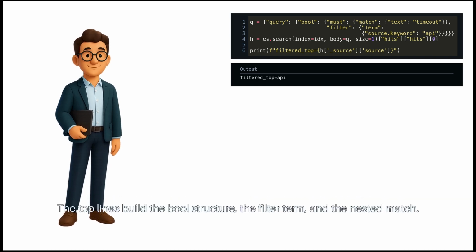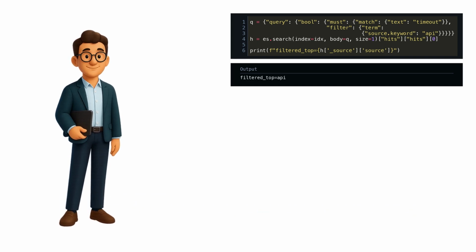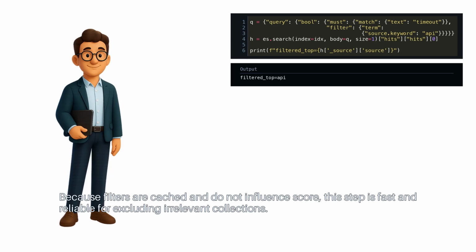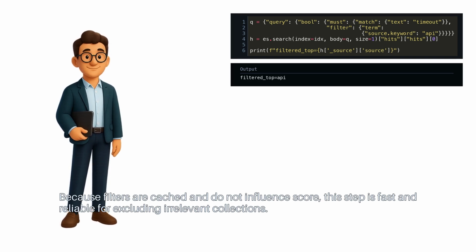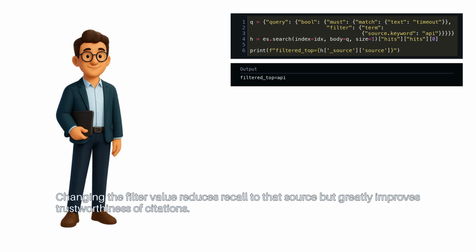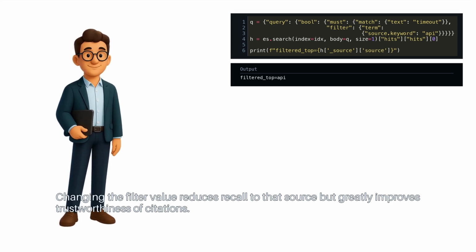The top lines build the bool structure, the filter term, and the nested match. Because filters are cached and do not influence score, this step is fast and reliable for excluding irrelevant collections. Changing the filter value reduces recall to that source, but greatly improves trustworthiness of citations.